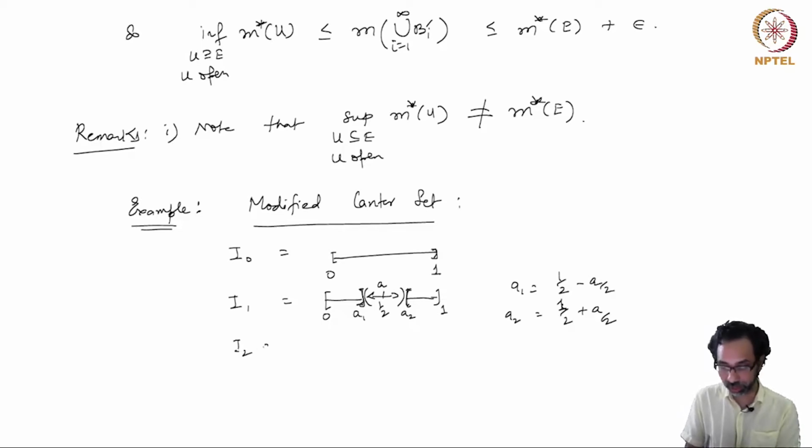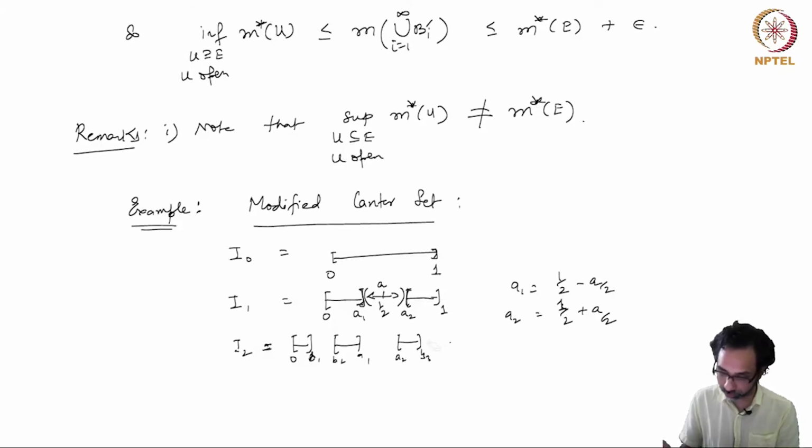Here at the second stage we are going to divide: let me write B1, then B2 to A1, then A2 to B3, and then B4 to 1.